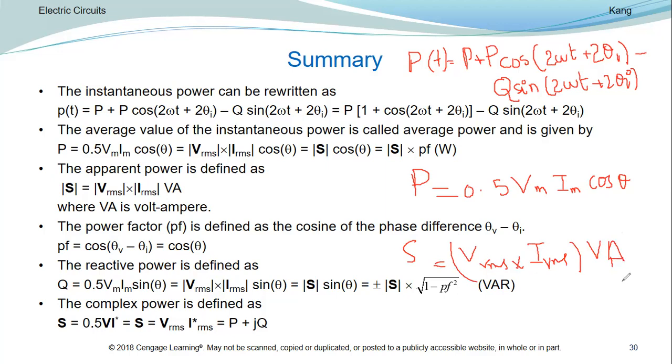So VA is basically volt ampere. Now the next thing is the power factor.